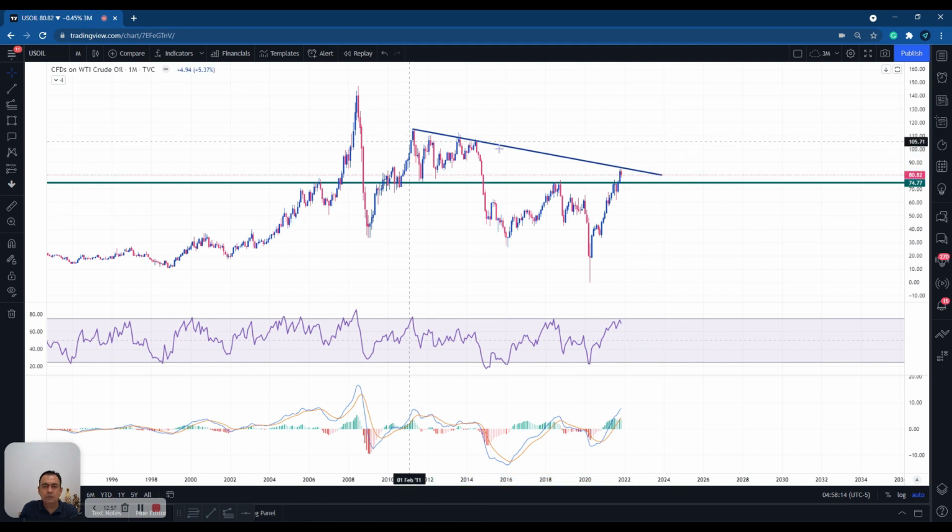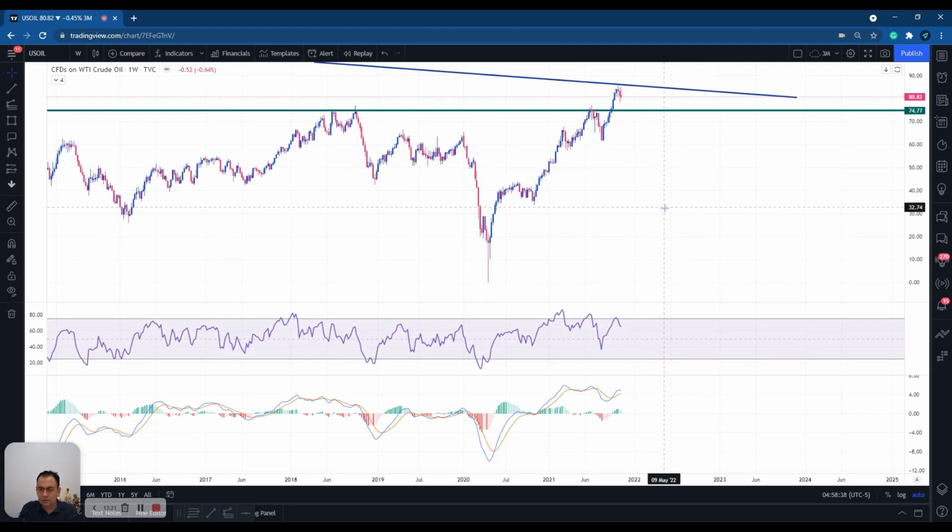This is the falling trend line on the monthly chart, and we are facing some resistance around this area. This is the support 75, and this area around 85 is facing some resistance, maybe due to this falling trend line.